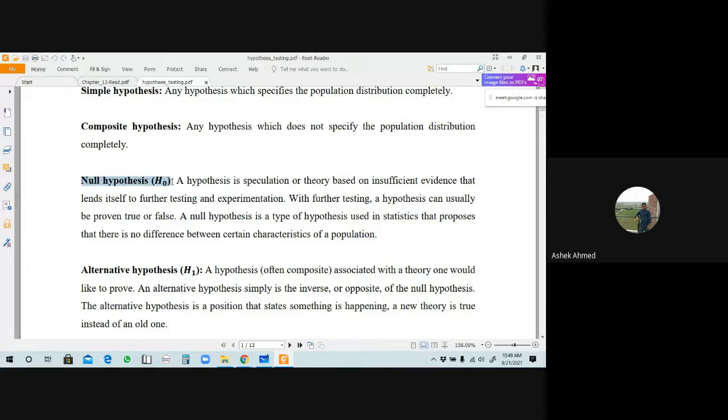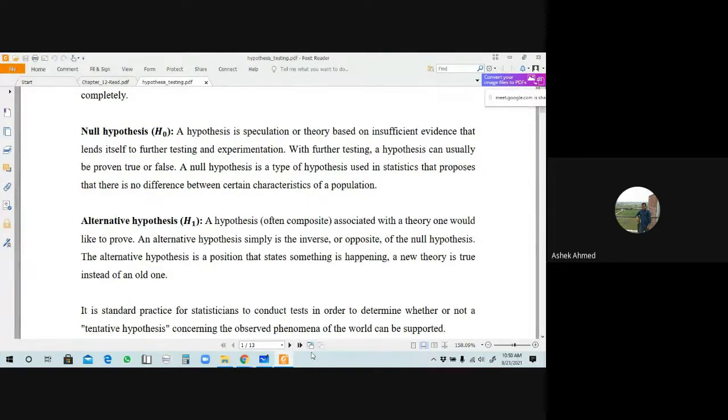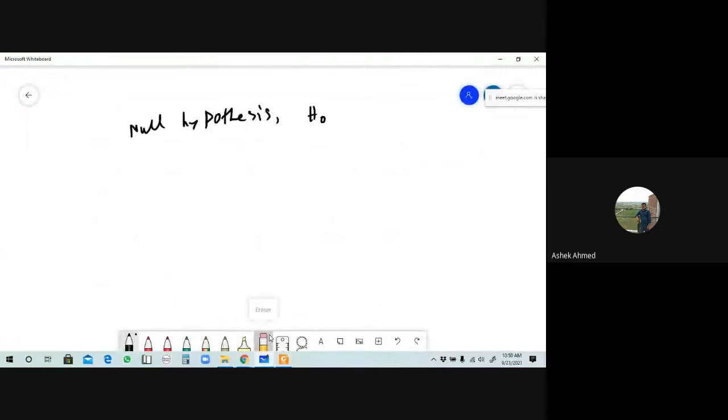So null hypothesis is a type of hypothesis used in statistics that proposes there is no difference between certain characteristics of a population. মানে কোশ্চেনে যে ইনফরমেশন থাকবে তার উপর বেস করে আমরা নাল হাইপোথিসিস অ্যাজাম্পশন করব, ওকে? And another hypothesis is the alternative hypothesis.